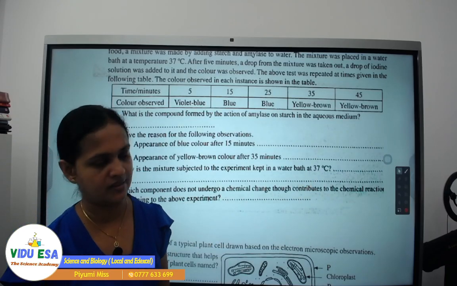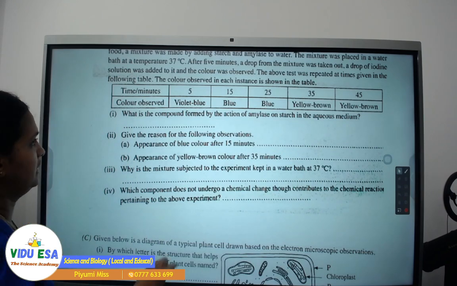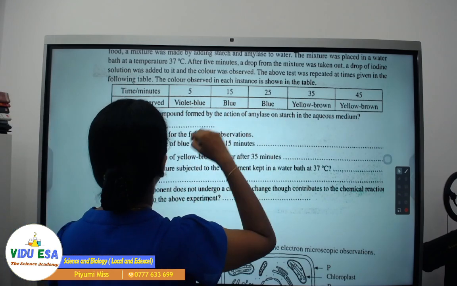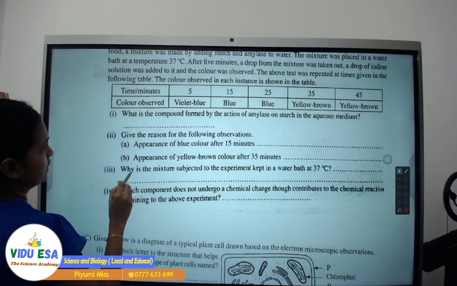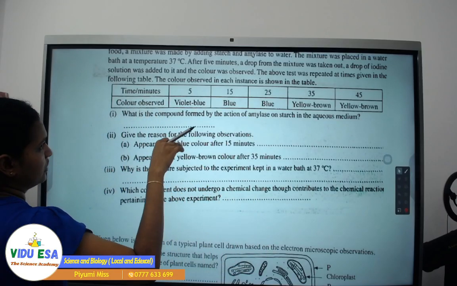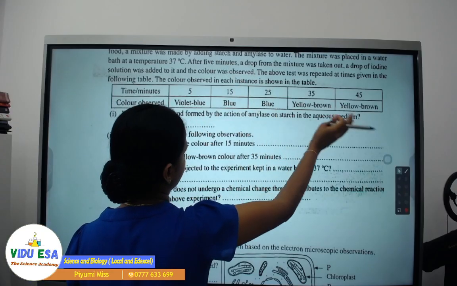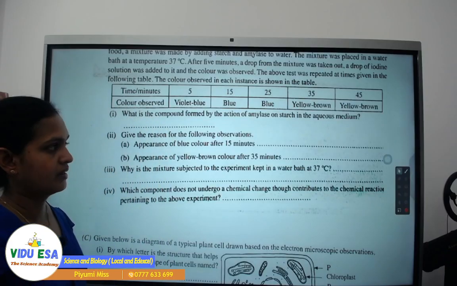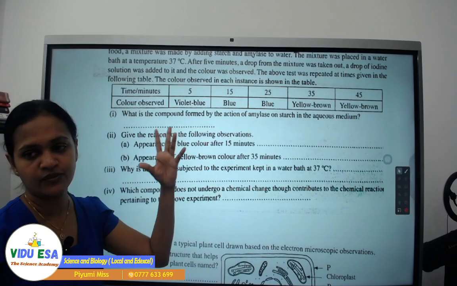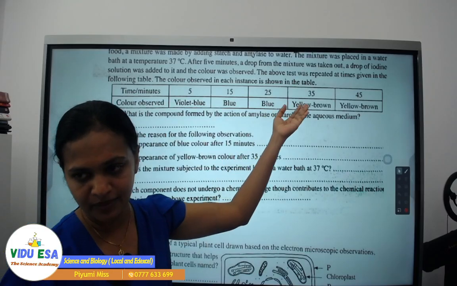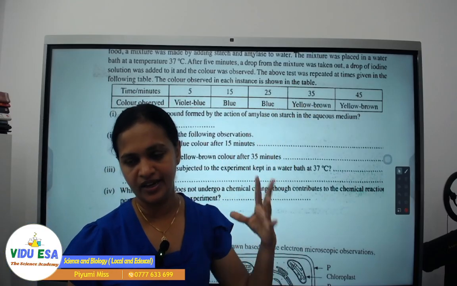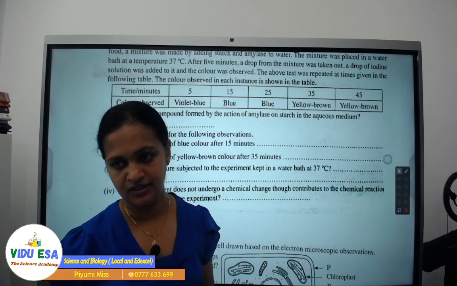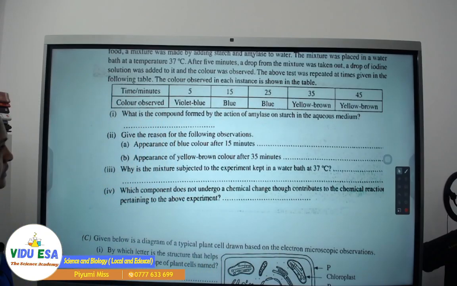That is the reason. At the end of 35 minutes, the color of iodine is obtained because of the full conversion of starch into maltose. No more starch is there. That is why. 1 mark.